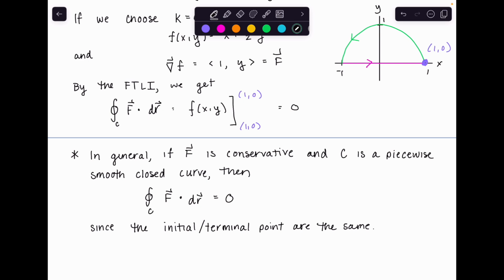Okay. So hopefully that's a decent refresher of everything going on. But again, we're going to do some more examples of Green's theorem.